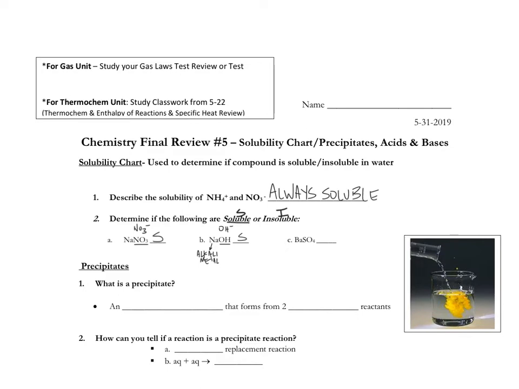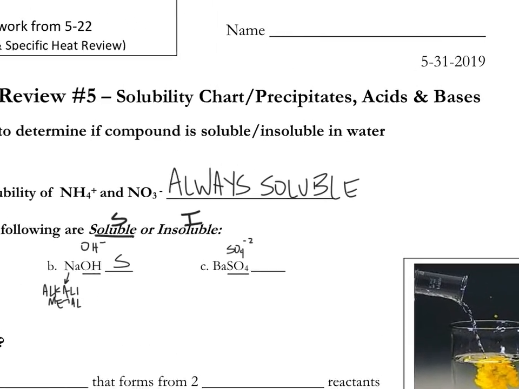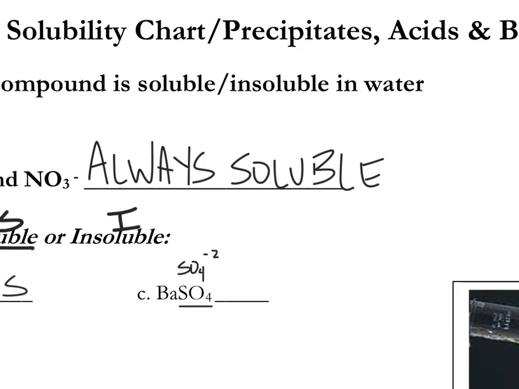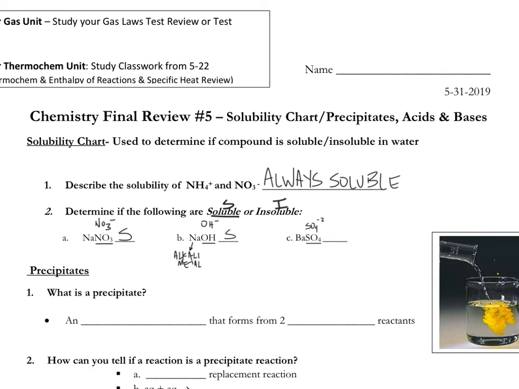And our last one is barium sulfate. Identify the negative ion. It's sulfate, which is SO4. Find that on your list. If I look for sulfate, SO4, and go all the way down, I notice that it is on the soluble list, and its exceptions are compounds of strontium, barium, lead, and mercury.